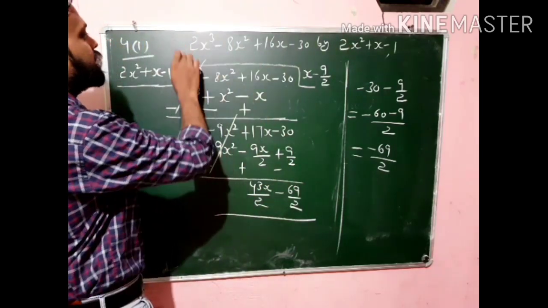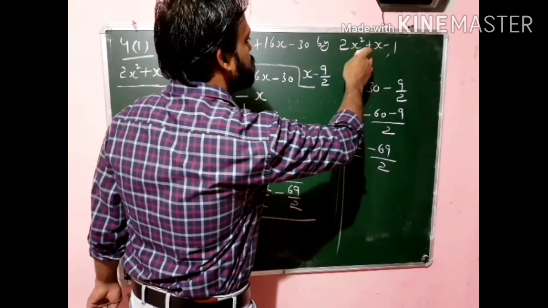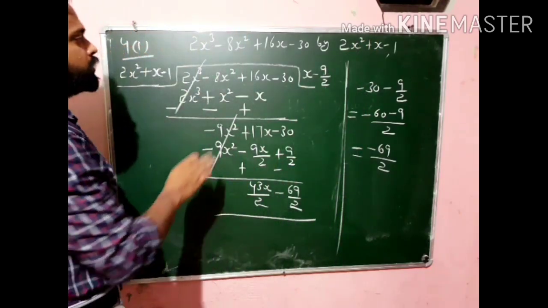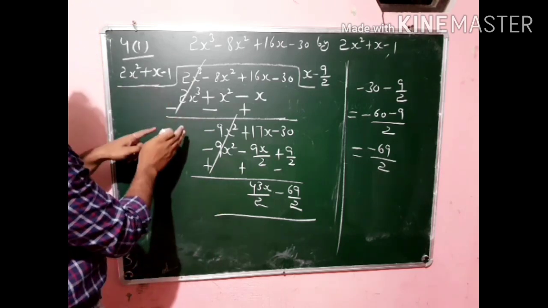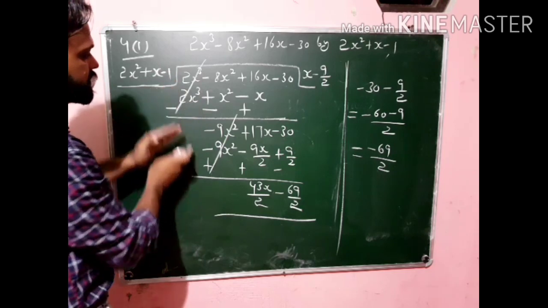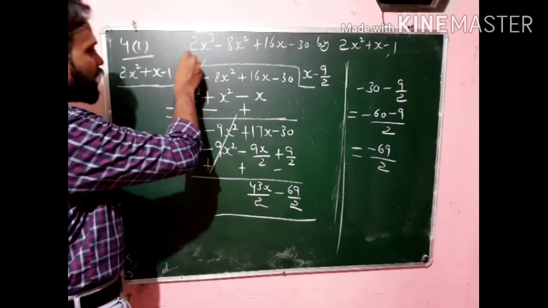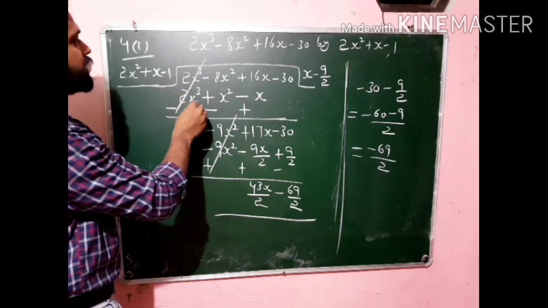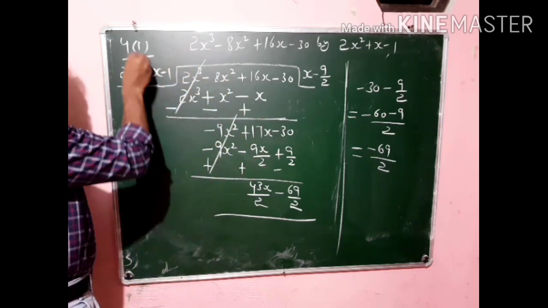In this case the higher power is 3, and in the case of the divisor, the higher power is 2. But when we start the division, in each step, means in the first step, in the second step, or in the third step, the power of the dividend should always be greater than or equal to the power of the divisor.